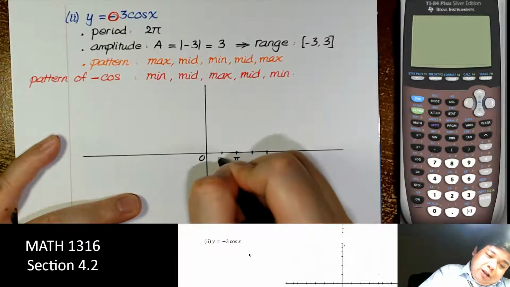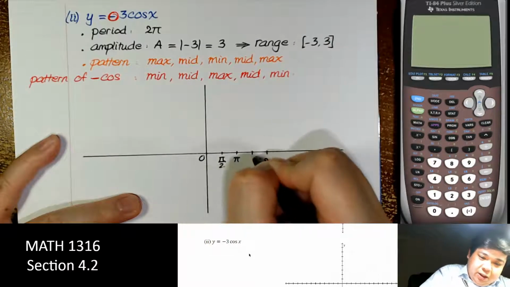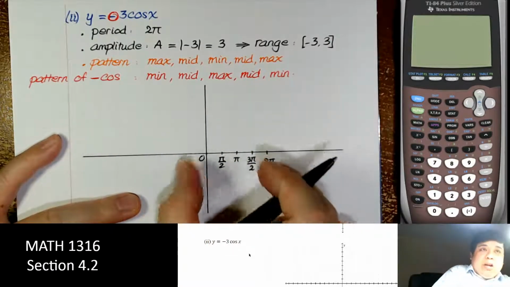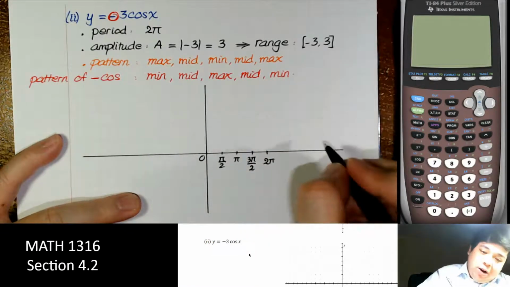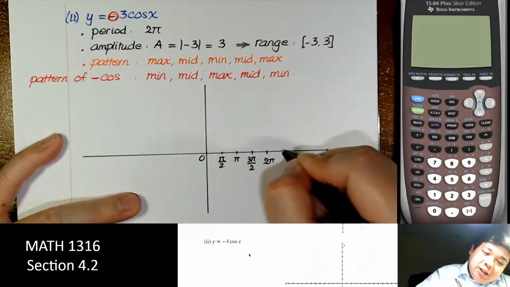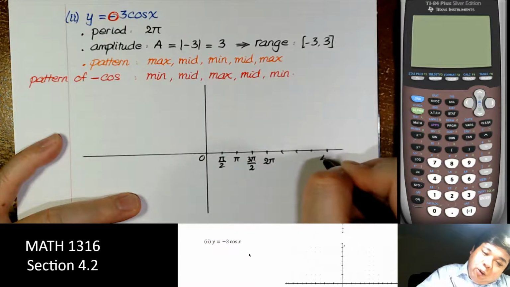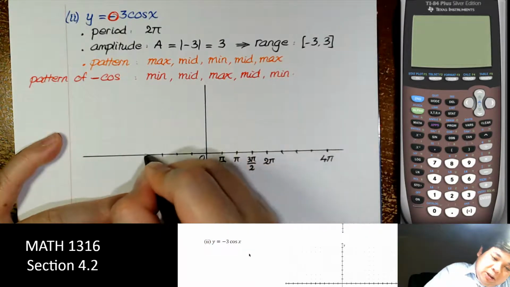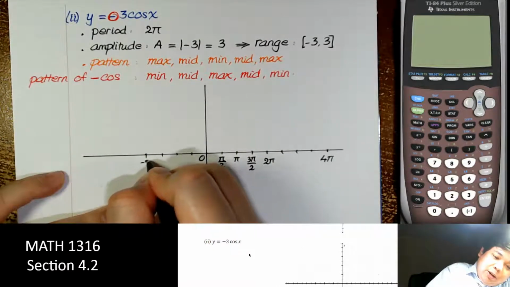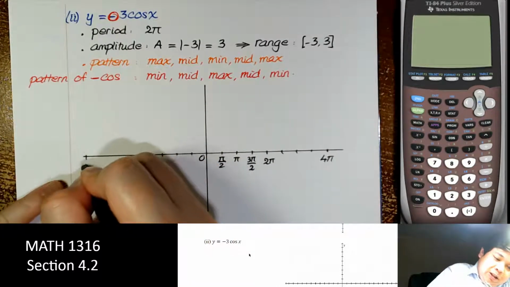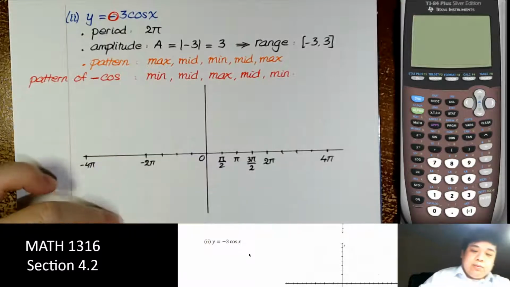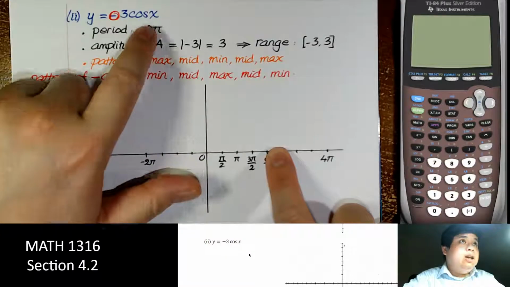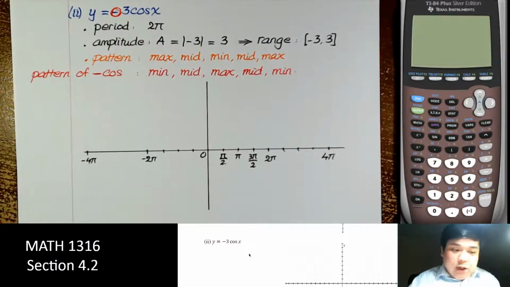Pi over 2, pi, 3 pi over 2. Right, so that is here 2 pi. Add another 2 pi, give us 4 pi. Negative 2 pi, negative 4 pi. Right, so a period is 0 to 2 pi. Divide that into 4 equal segments.